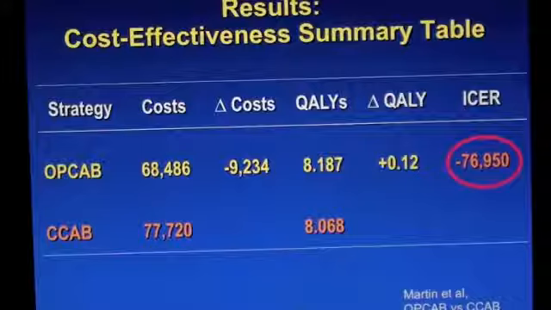So we're actually in that quadrant, which is very easy to make a decision we should take it up into practice. I need to add a caveat here, though. The evidence has moved on since we did this economic analysis, and we need to redo this economic analysis because some of our assumptions in our modeling about the impact over the long term are now shown to be incorrect.